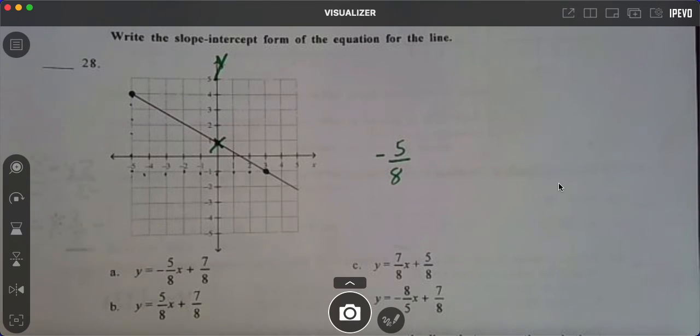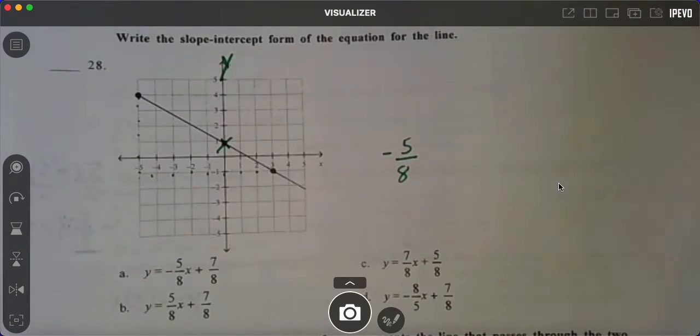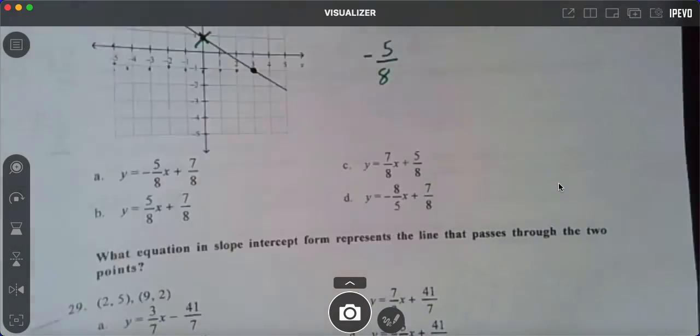Is that point really, really close to the number 1? That's what I wanted you to see. What is 7/8? 7 divided by 8 is 0.875. That's really close to 1. Okay. Next one.